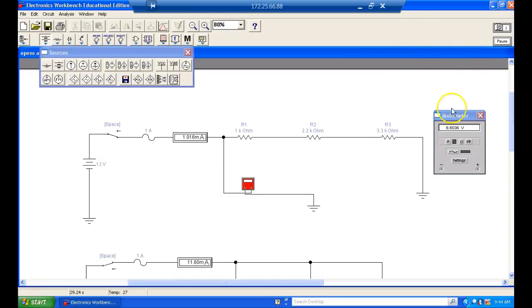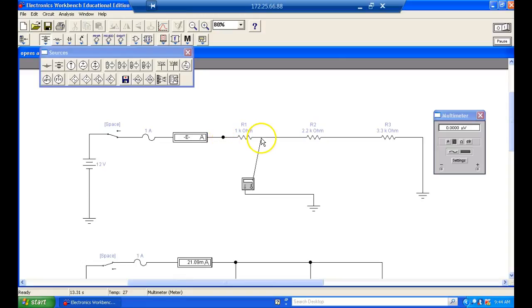Now what happens is when I go through a load, we drop some voltage. So on this side of the resistor, I have 12 volts.